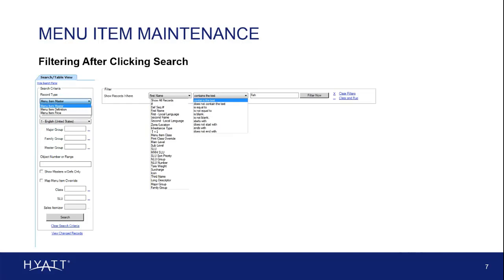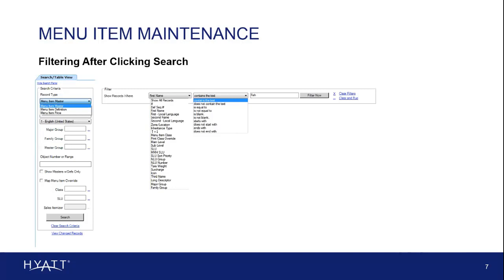So I've shown in this screenshot all the possible selections you can make on the definition records tab, where you can select how you're showing records, where the first name or second name or the zone or location or even the menu item class, the SLU. You can filter any of these items by the next column, whether it contains the text, does not contain the text, is equal to, not equal to, starts with, does not start with, ends with, does not end with.